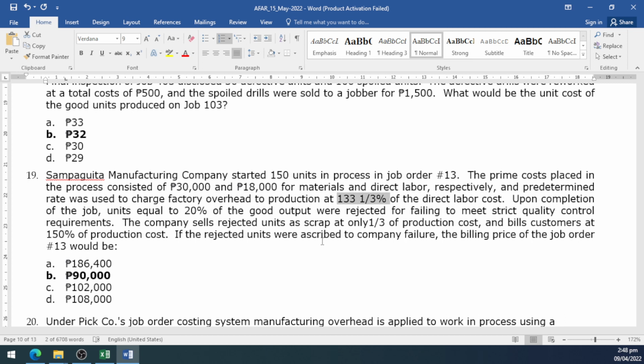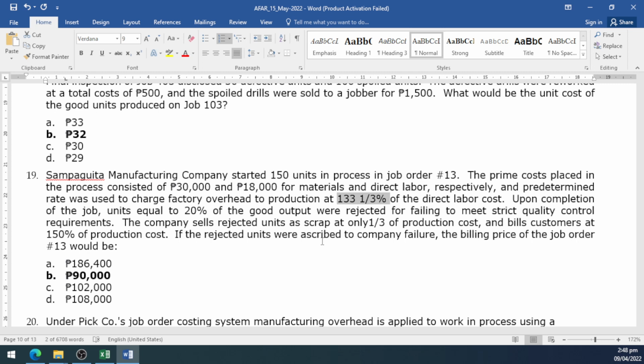Ang good units pala, 125. 20% ng 125, yun po yung 25, or actually 150 minus 125. Yun ang spoiled. Pero hindi yun ang ating kukumputin naman eh. Yung good units ang kukunin natin eh.